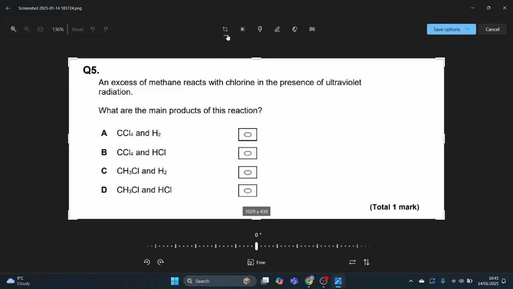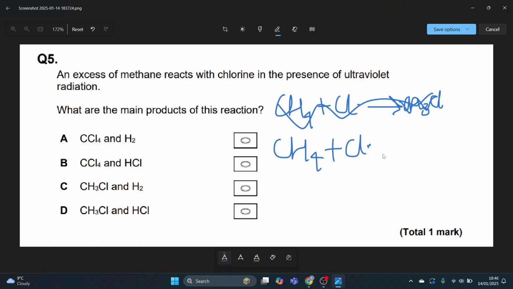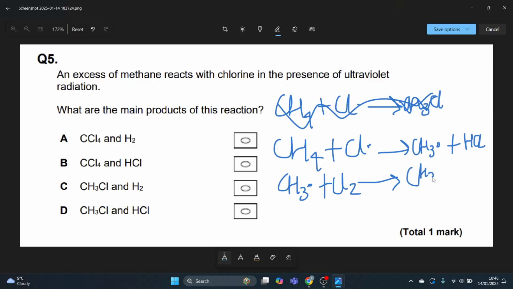Question 5. An excess of methane reacts with chlorine in the presence of UV light. CH3Cl. No. Excess of methane. CH4 plus Cl dot arrow CH3 dot plus HCl. CH3 dot plus Cl2 arrow CH3Cl plus chlorine free radical.